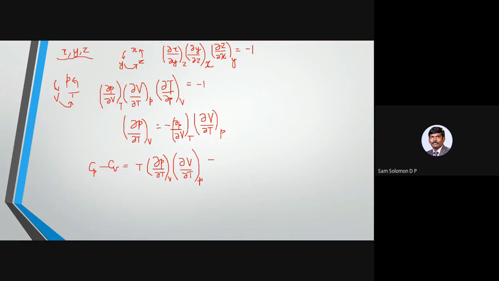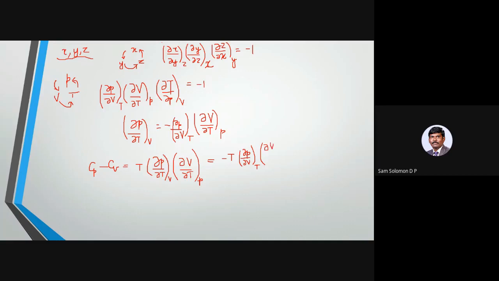So if I substitute for partial P partial T at constant V, what I'll have is minus T. Okay, I have one term partial P partial V at constant T, and the other term partial V by partial T is already present, so it will be a square term.